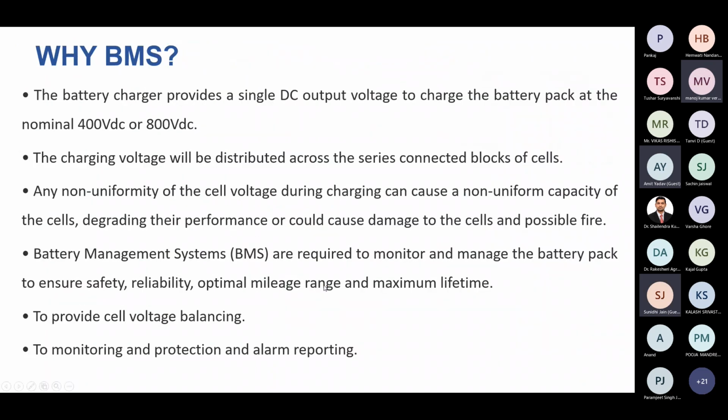So the battery charger provides a single DC output voltage, which can be 400 volt to 800 volt, and we are required to monitor and manage the battery pack to ensure safety and reliability. We also need to provide cell voltage balancing and protection, and in case any maloperation is reported, it has to be provided with an alarm.